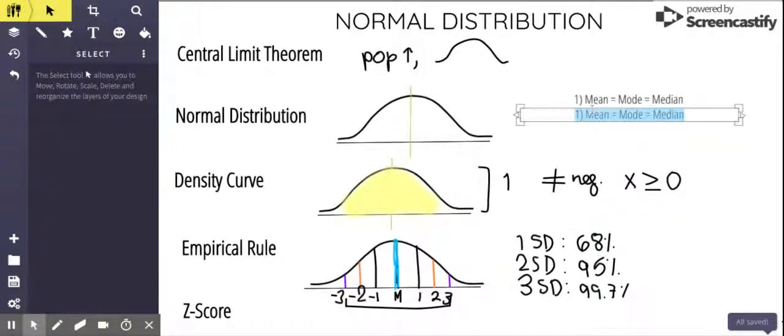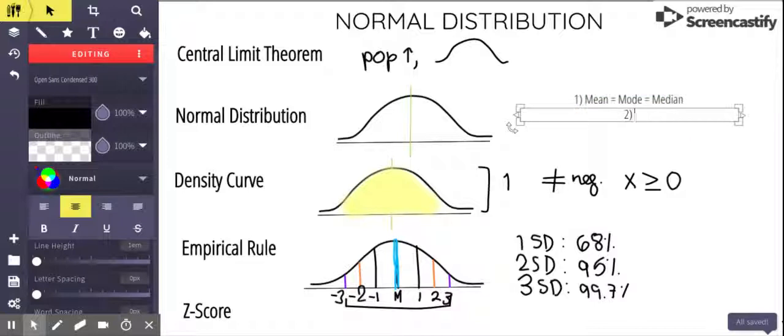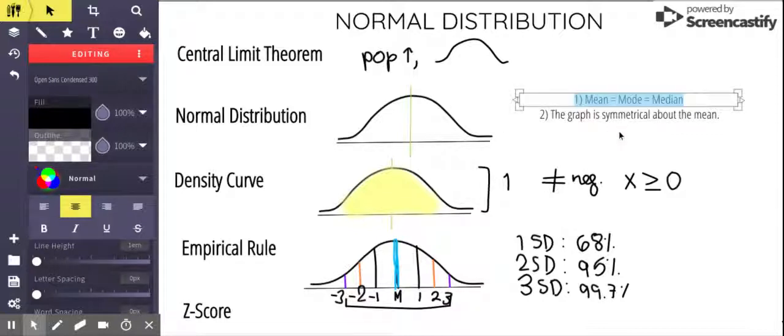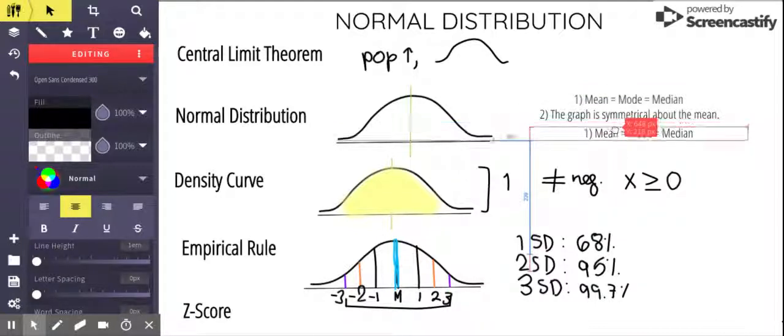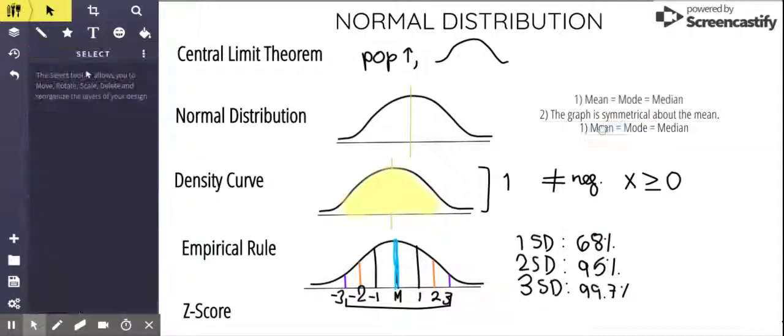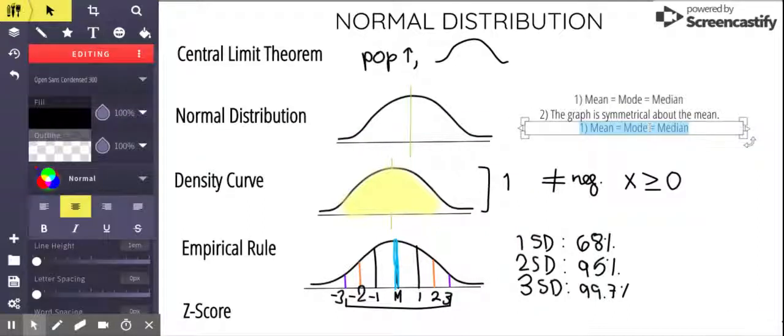My number 2 observation will be that the graph is symmetrical about the mean. And we can really see that because, as we said above, the normal distribution includes the symmetrical bell curve. And then number 3 would be that the maximum of the graph is at the center.